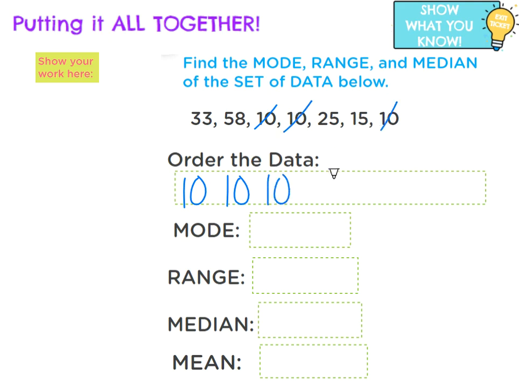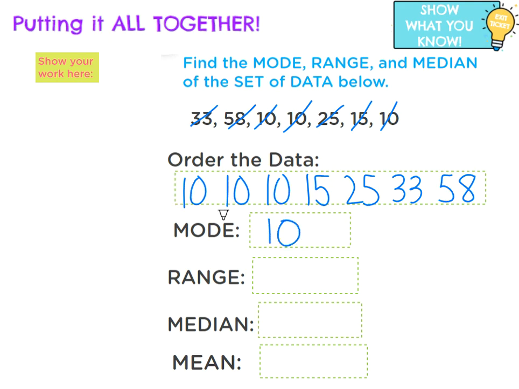Just another 10, looks like 15's next. 25, 33, and 58. All right, mode, that's the number that appears most often. That's easy to see. That is 10. The range goes from 10 to 58. So I know 58 minus 10 is going to give me 48.